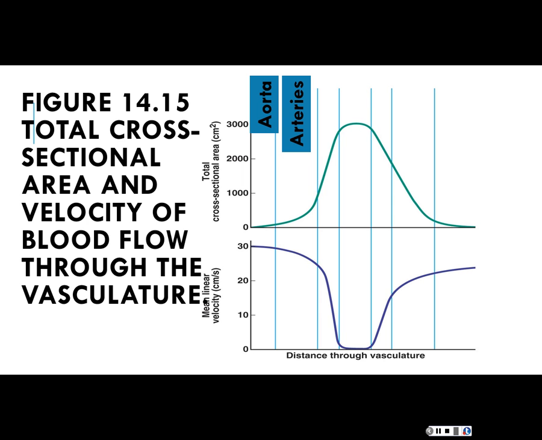Okay? But I want you to highlight right here. Notice that, yes, the velocity drops, but it does what? What's another word? It bottoms out. It plummets. We see the greatest drop in velocity at which vessels? Arterioles. Very good. This is because the capillaries can't control what's going on.